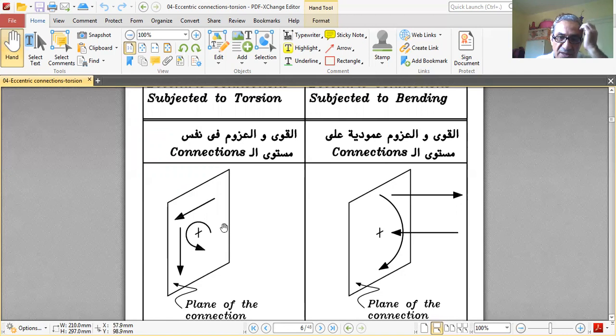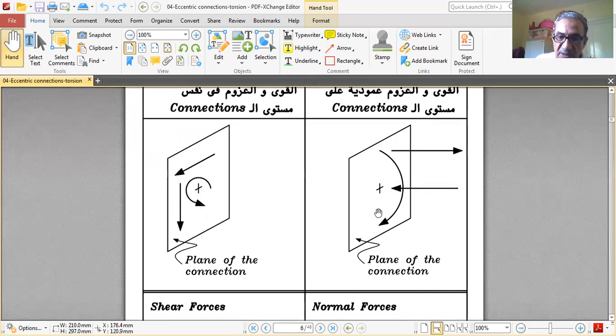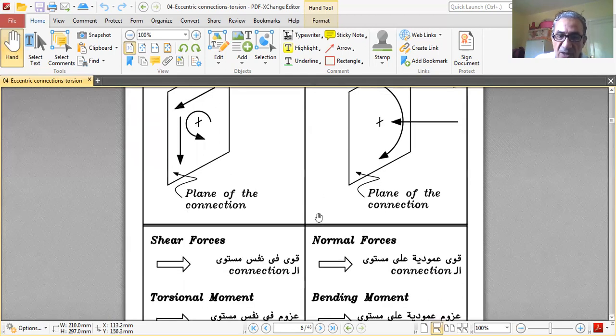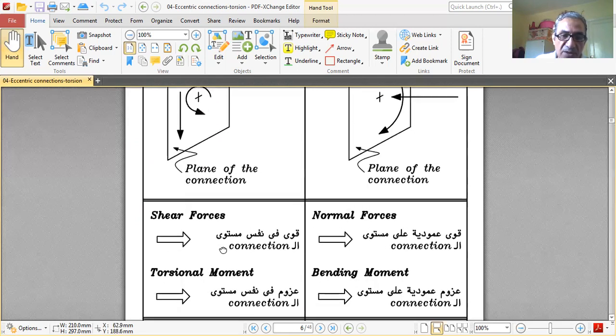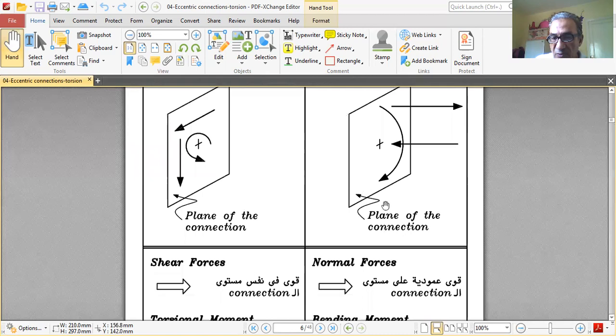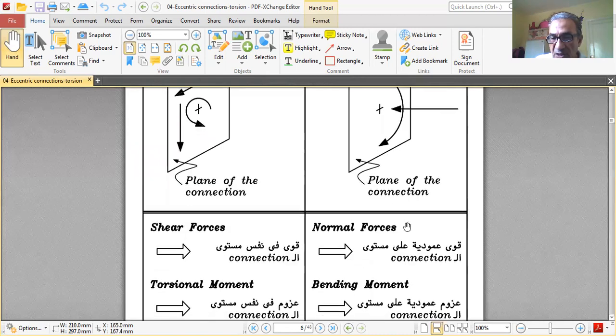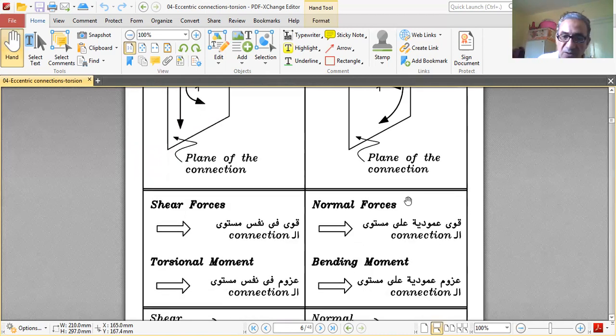In the torsion case, forces and moments are in the same plane of the connection, but if they are subject to bending, forces and moments are in a plane perpendicular to the connection surface. So this is the plane of the connection. For the torsion case, we have shear force, torsional shear forces and torsional moment in the same plane of the connection. In bending, we have normal force perpendicular to the connection, and bending moment perpendicular to the plane of the connection.